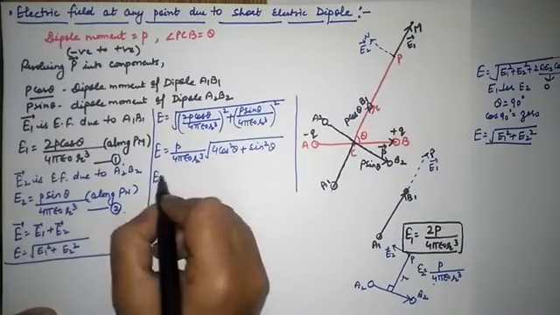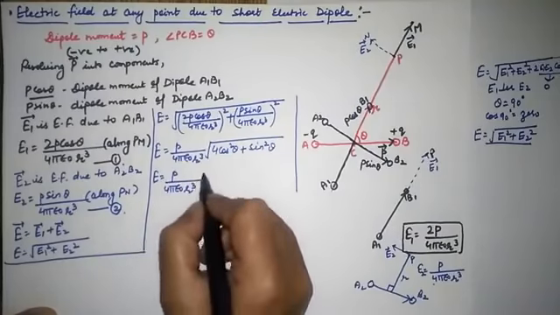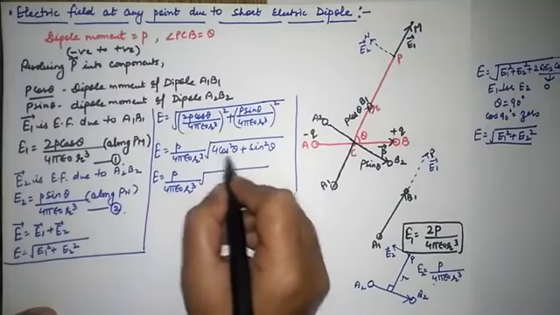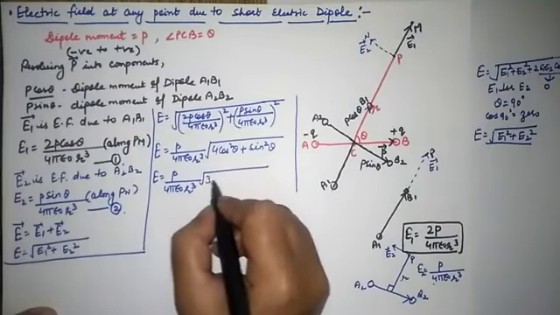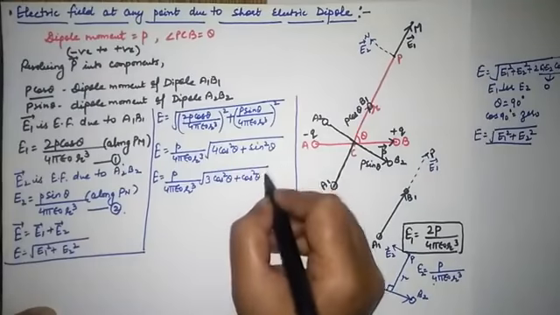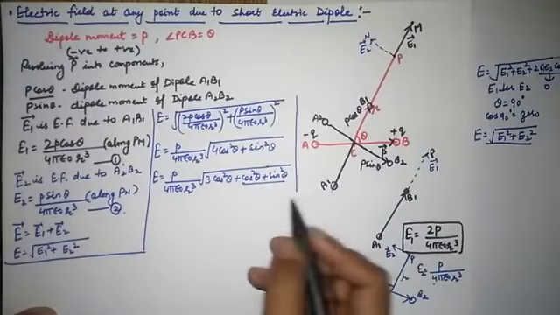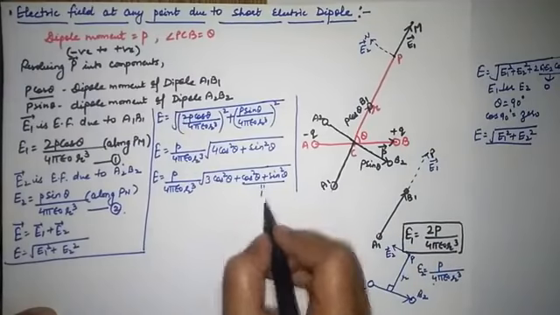Now E is equal to p upon 4 pi epsilon naught r cube. We can write 4 cos square theta as 3 cos square theta plus cos square theta, and here we have sin square theta. Now we know that cos square theta plus sin square theta is equal to 1.